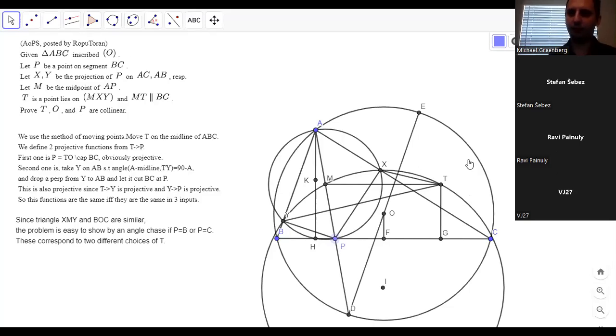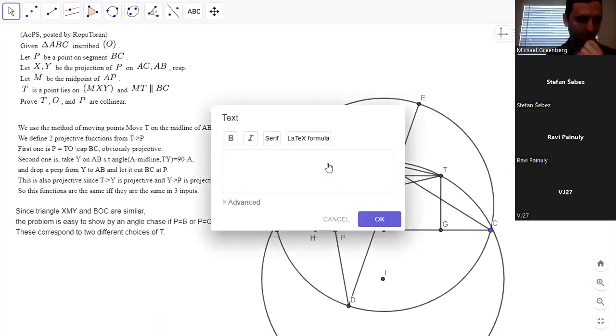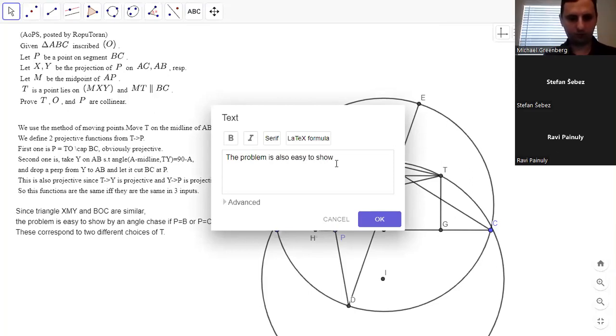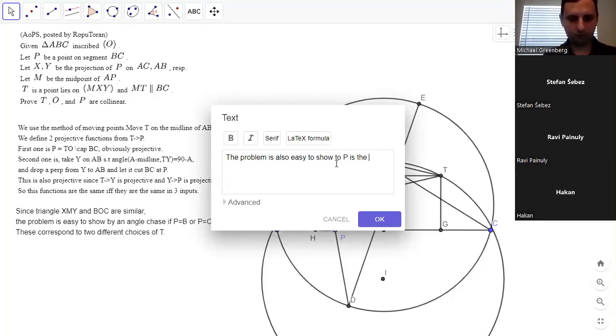Okay, I'm just going to write that out. Okay, I'll think about that later. I just want to solve some more problems now. Points T, O, and P are collinear.